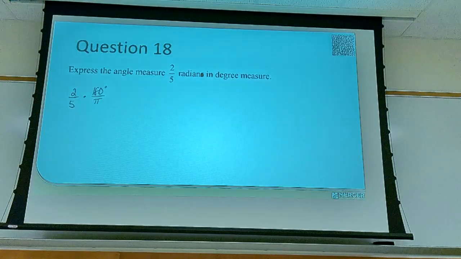So you don't want to type in the pi in the calculator. 180 divided by 5, that is divisible by 5. 40 would be 200, right? So that's going to be 36. And then 36 times 2 is 72. So it'd be 72 over pi degrees.